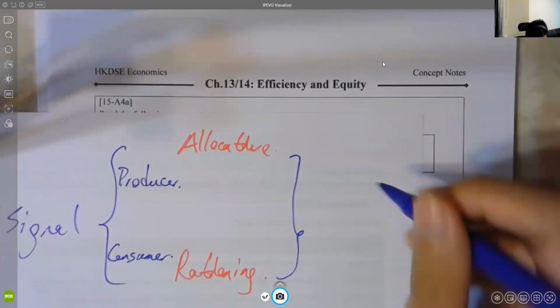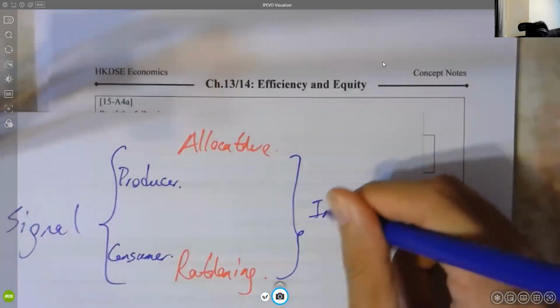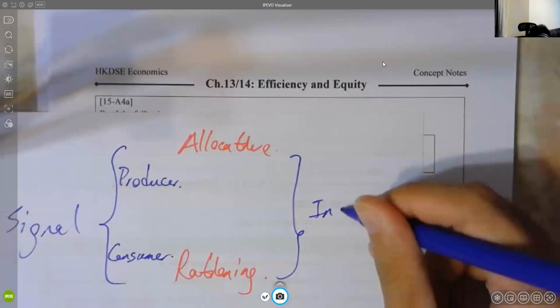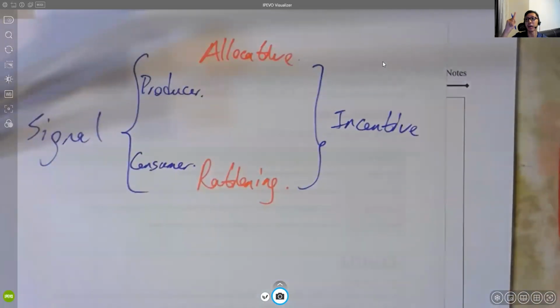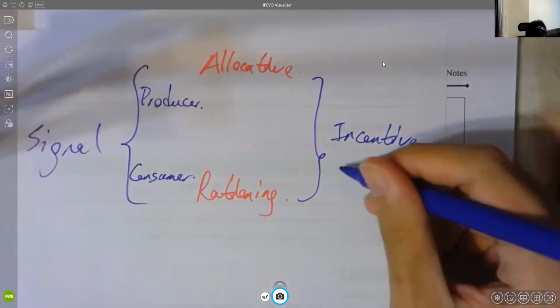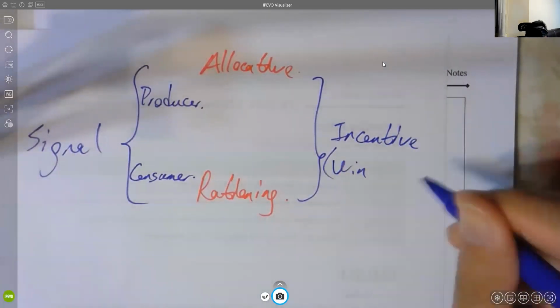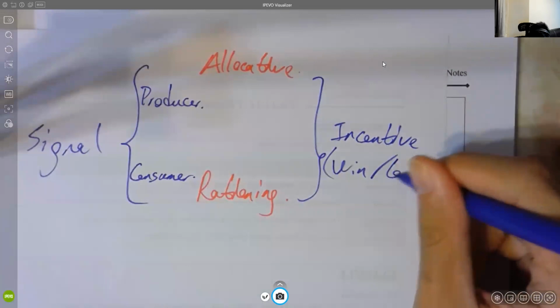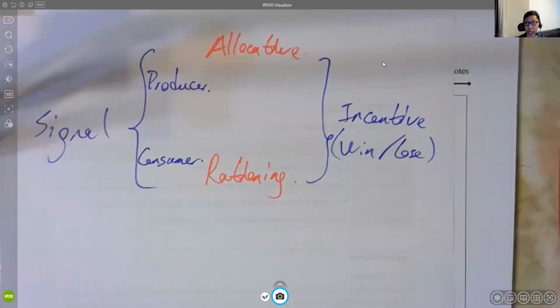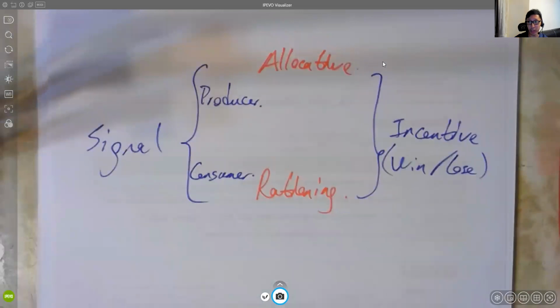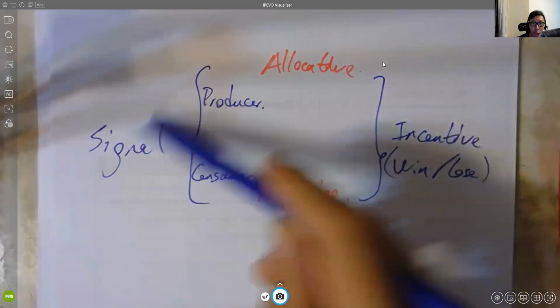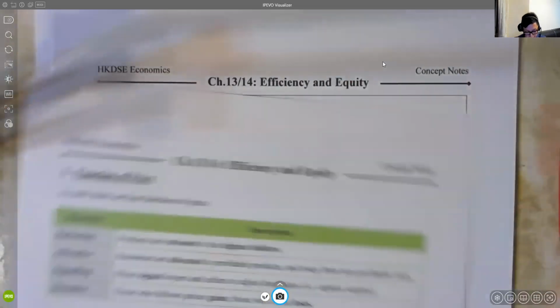We call it the incentive function of price. Basically, for those who follow, you win. For those who do not follow, they lose. It acts as an incentive for you to follow some rules in order to maximize your gain. All right? 好嘛? So these are the four functions of price.